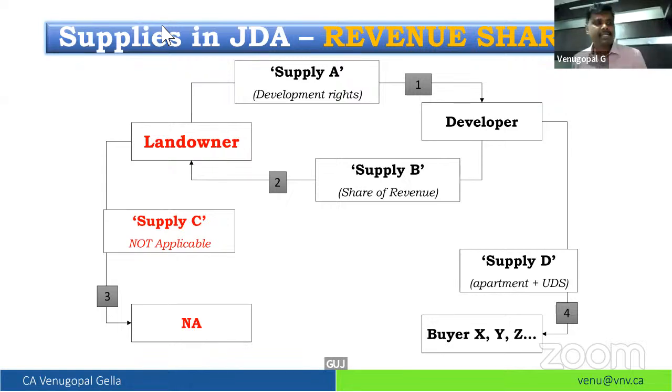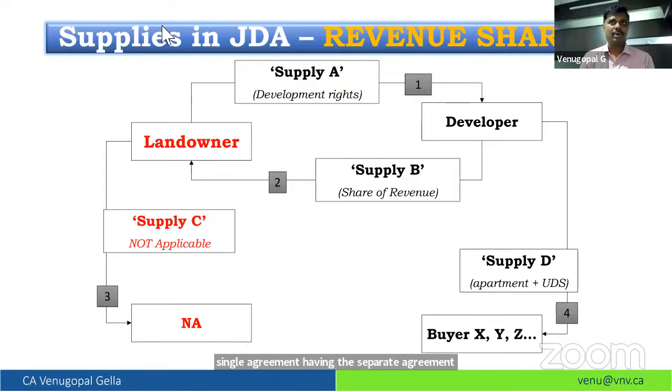Anand sir, I would still say that since the decision is pending with the Supreme Court, we cannot consider that the decision has attained finality. And my personal view is, firstly, from the RERA perspective, you have to have a single agreement. Having a separate agreement for sale of land and sale of construction is not permitted.